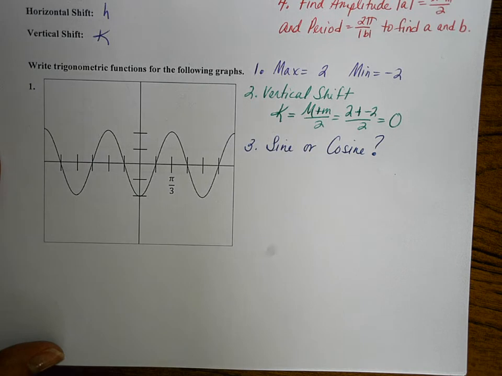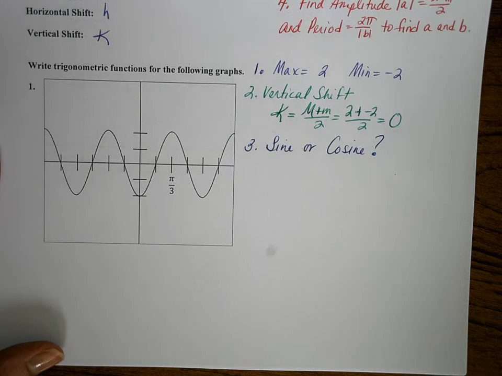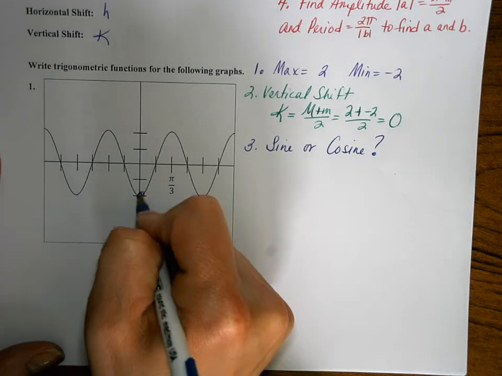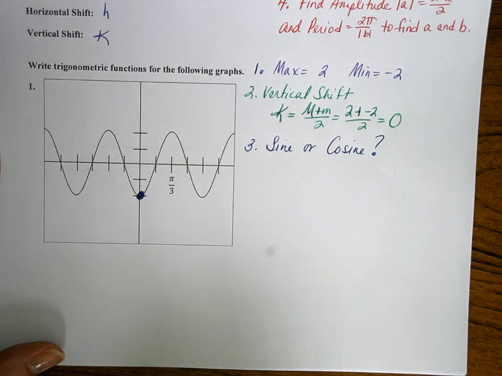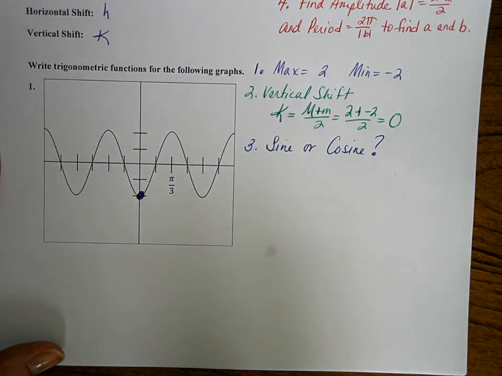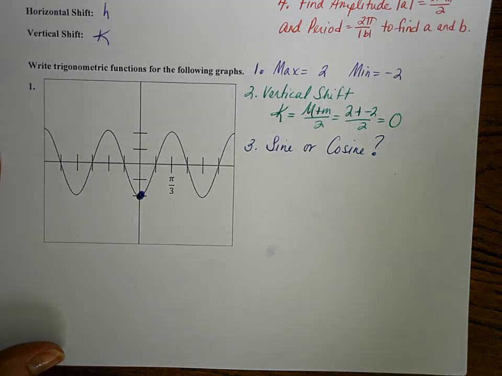Where is the y-intercept of this graph? You've got 3 choices. Is it at the maximum? Is it at the x-intercept? Or is it at the minimum? It's at the minimum value. My minimum value is where it's crossing the y-axis. If it crosses the y-axis at its minimum value, is it better with sine or with cosine? Cosine. Cosine is better when it's the max or the min. So it's going to be cosine.